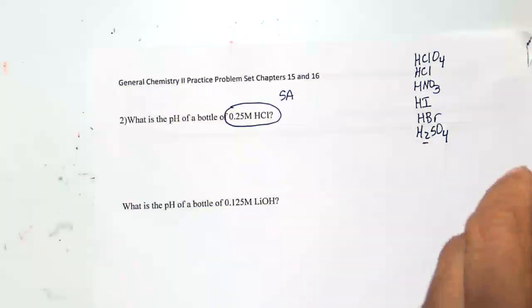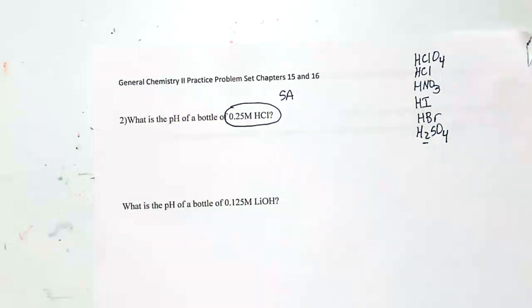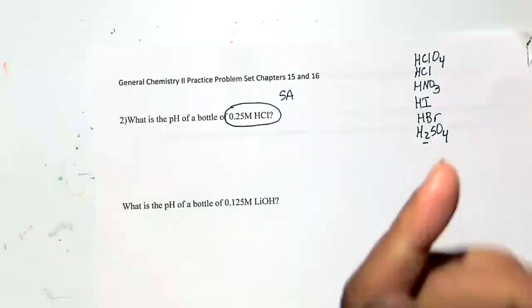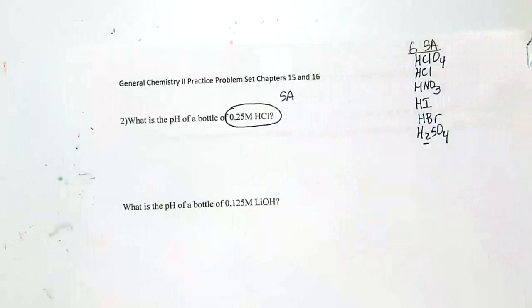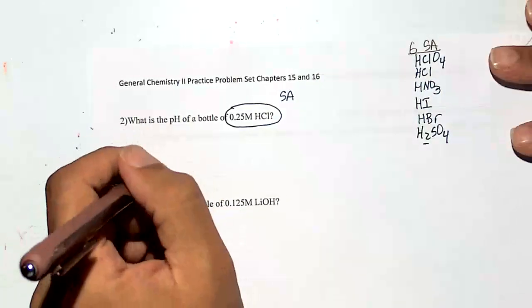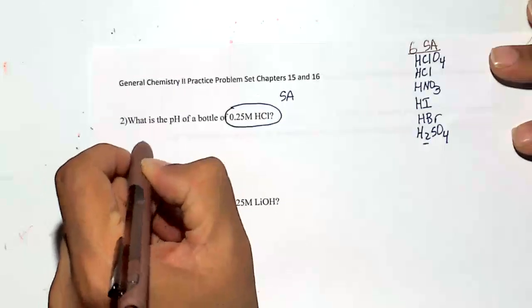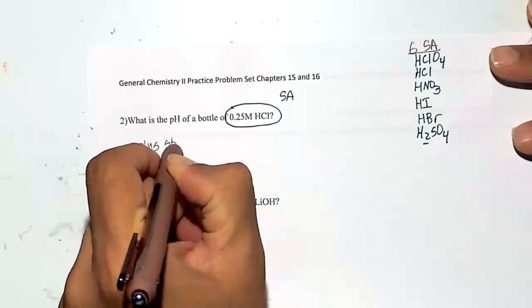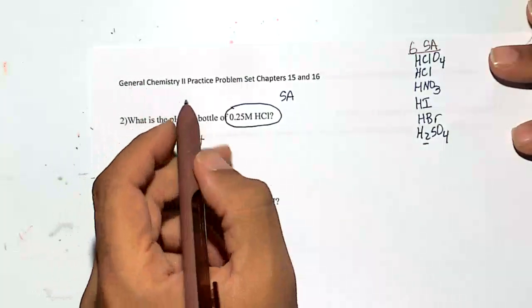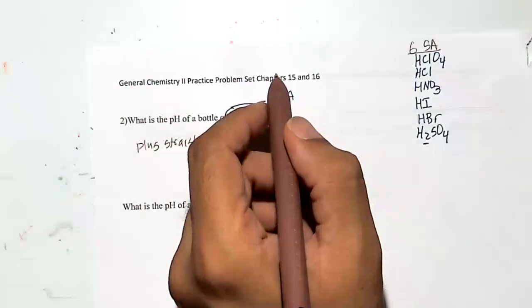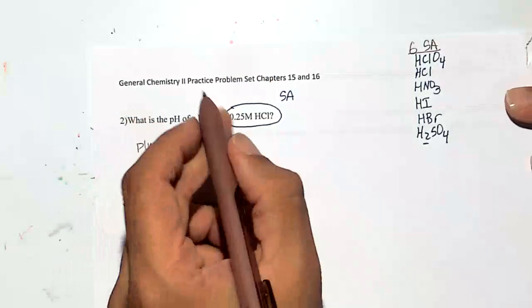So these are our 6 strong acids. If you have them memorized and you immediately see them, you don't have to use an ICE table. What can you do? You can plug it straight into the pH equation because it's a strong acid. So we say generally it's 100% or close to 100% H plus.